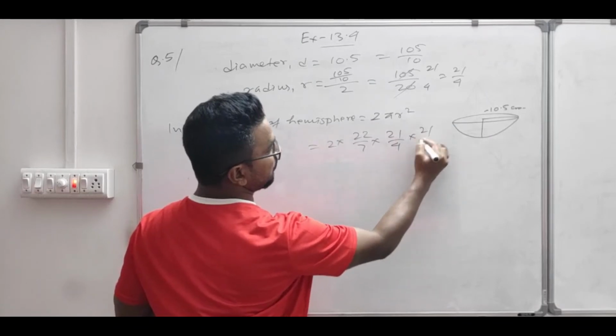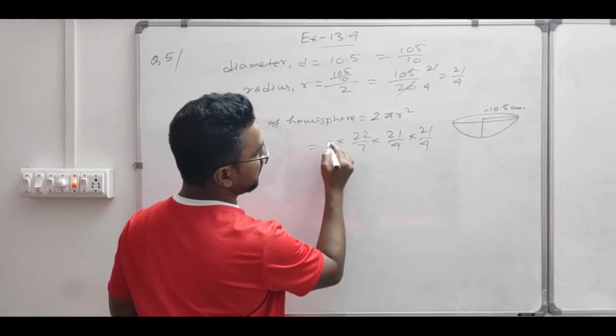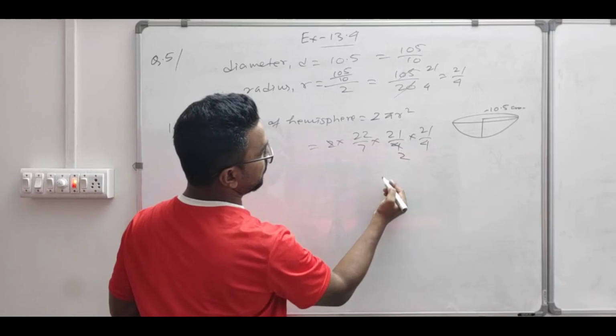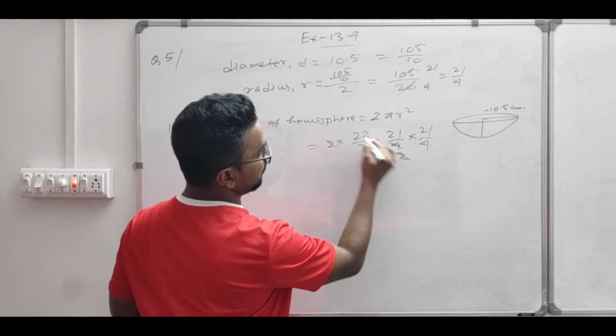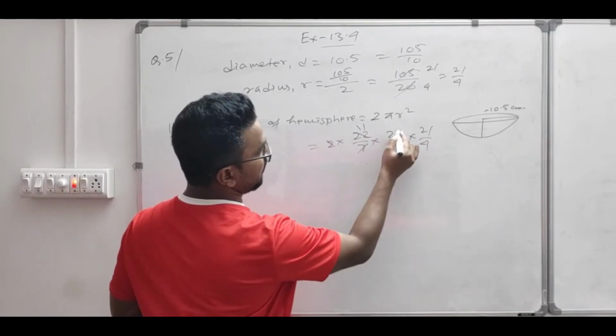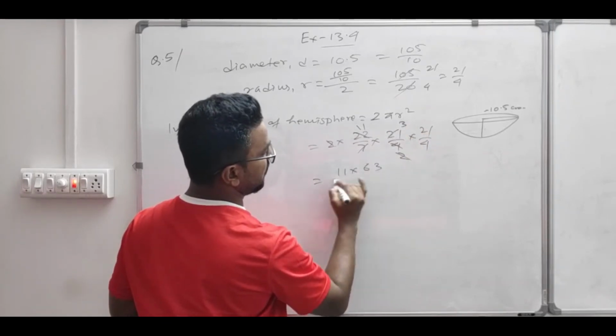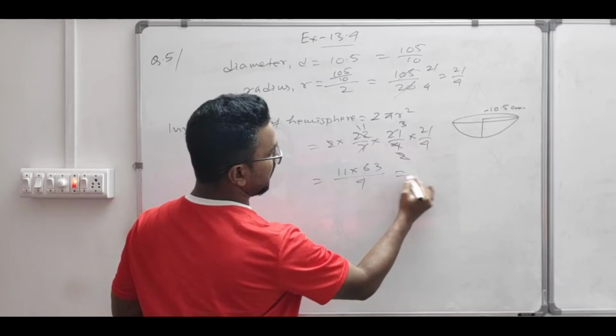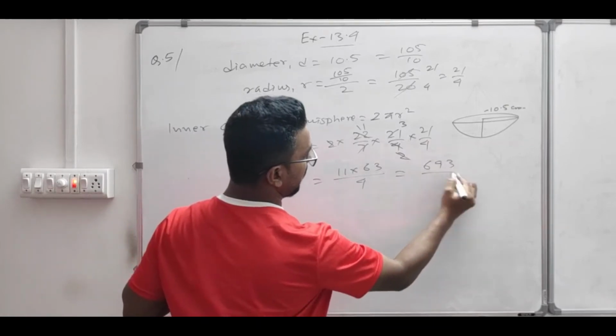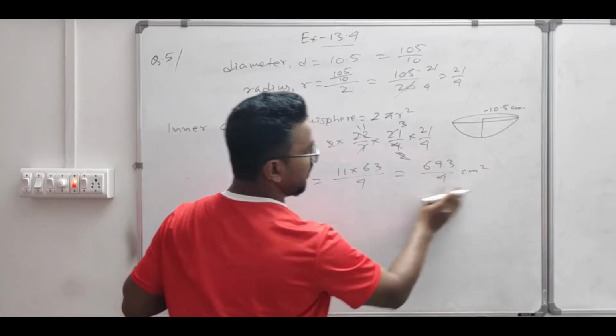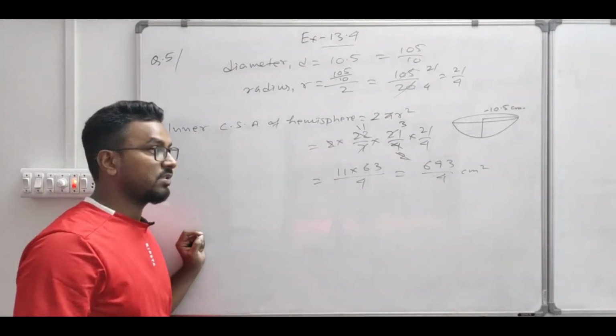So you have to multiply 2 times. So you can cancel this one, 2 and 2, 11s are 7, 3s are 21, so 11 into 63 divided by 4. So if you multiply, you will get 693 by 4 centimeter square. That is the inner curved surface area.